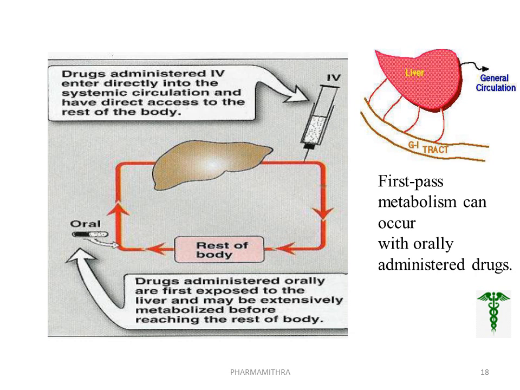If it is given by IV, it will directly go into systemic circulation and have direct access to the rest of the body. So by parenteral routes we can avoid this first pass metabolism.